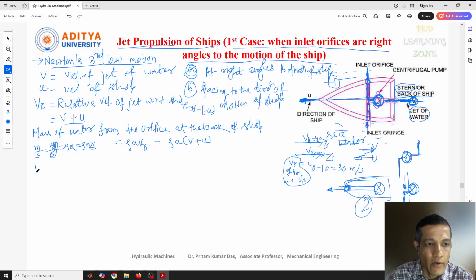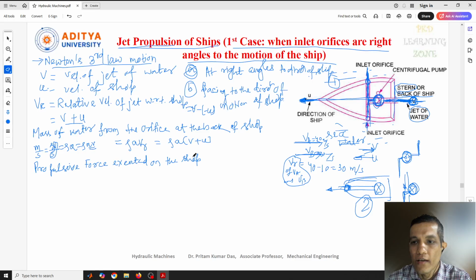Now we need to find out the propulsive force exerted on the ship by the jet of water.